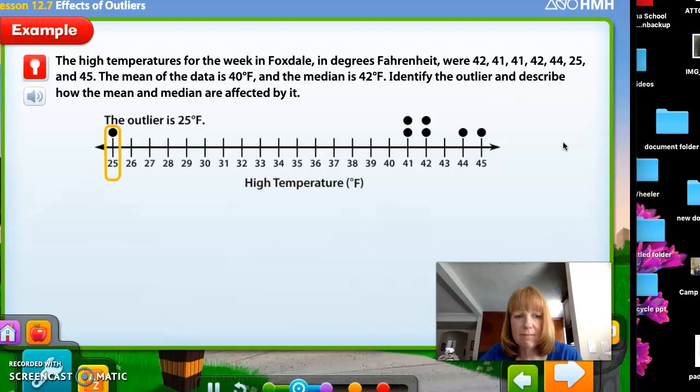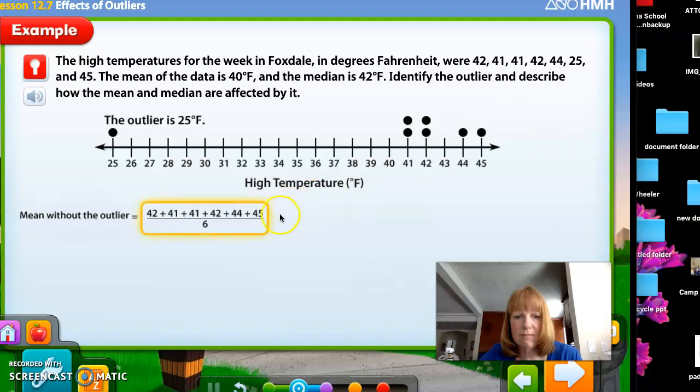So the outlier is 25 degrees Fahrenheit. To see how the outlier affects the mean, we can find the mean of the data set without the outlier. The mean is the sum of the data values divided by the total number of values in the data set. Without the outlier, 25 degrees Fahrenheit, this set of data has only 6 values. The mean of the data set without the outlier is 42 5/10 degrees Fahrenheit.